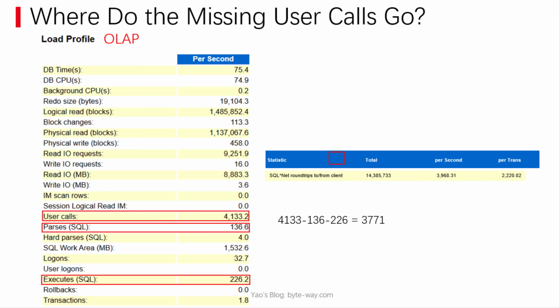Oracle's OCI library bundles operations like close cursor, parse, execute, and fetch into a single round trip, so this number won't match perfectly. Still, it's a solid approximation. In this case, those extra calls amount to 3,771 fetches, or roughly 17 fetches per execute.